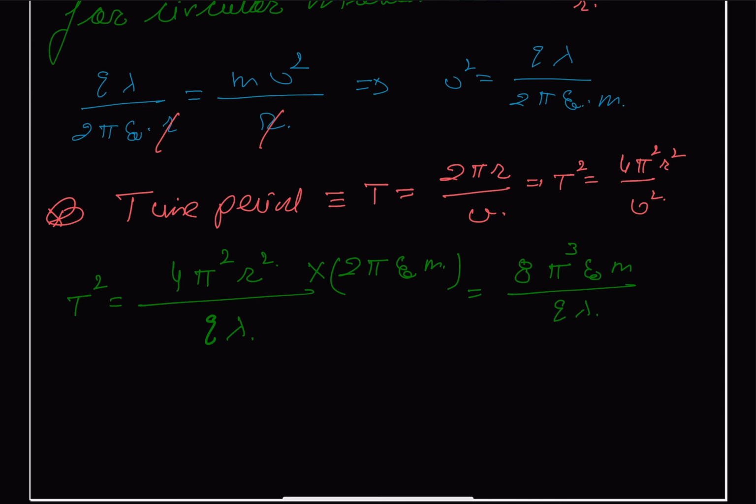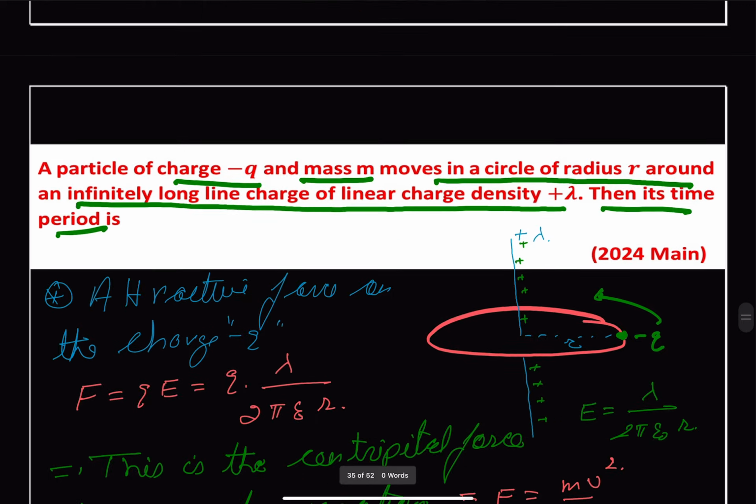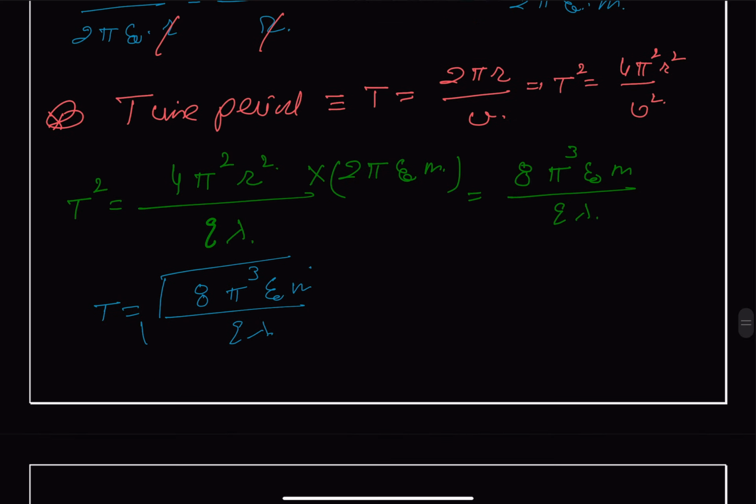We need to find out the time period T. So now T is equal to the square root of 8 pi cube epsilon naught m r square upon q lambda. So this is our time period.